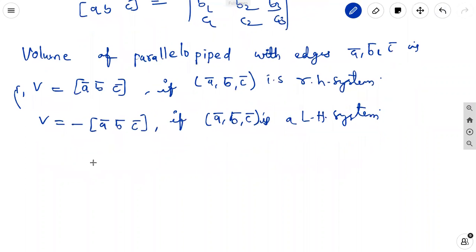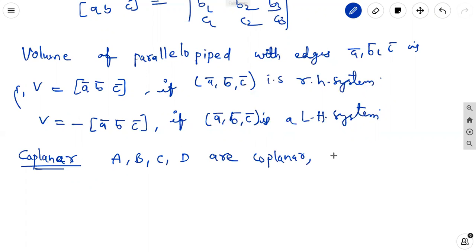Next, what is the coplanar condition? Coplanar means three vectors are on the same plane. If we take four points A, B, C and D, these points are coplanar if and only if the volume [AB, AC, AD] is equal to 0.